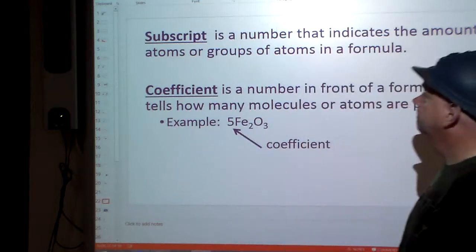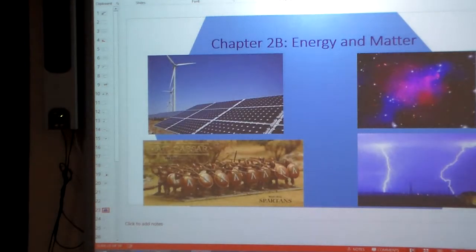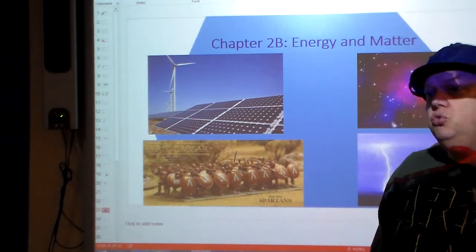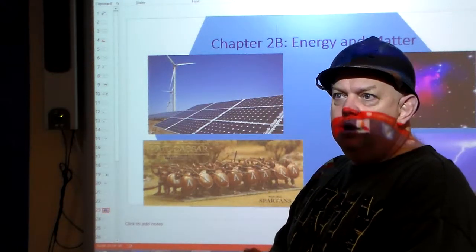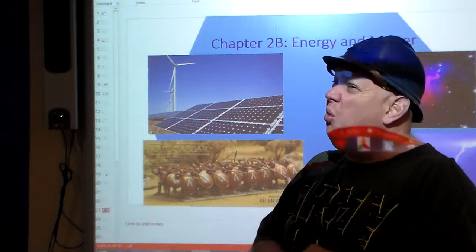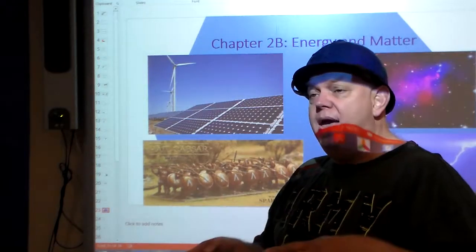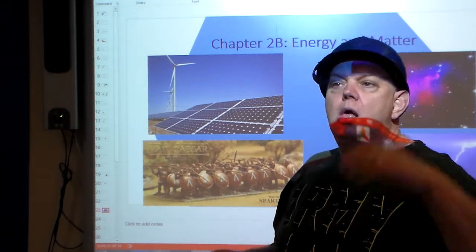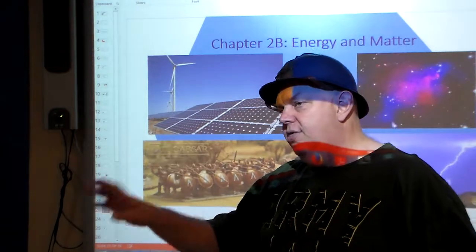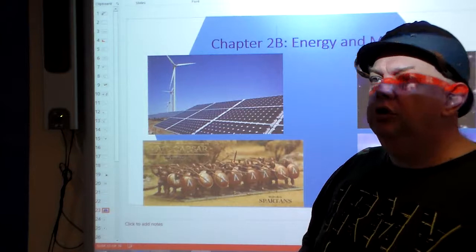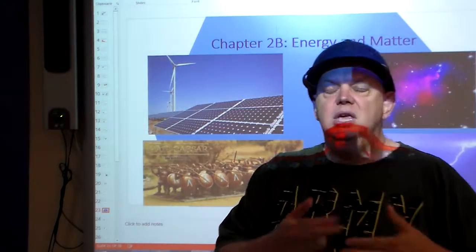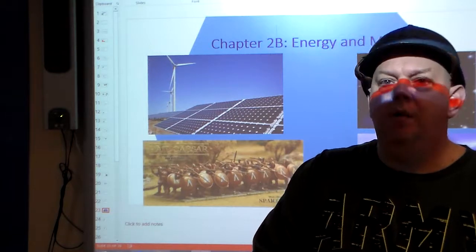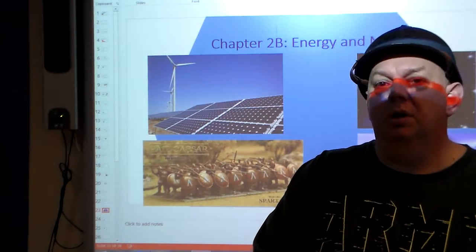All right, moving on. And with that, ladies and gentlemen, we conclude Chapter 2A, Classification of Matter. You may have noticed we covered quite a bit. We looked at what was matter. We looked at how matter was classified in terms of there are pure substances and there are mixtures. We also looked at physical properties, chemical properties. What does that tell us about the compound or the atom or the element?